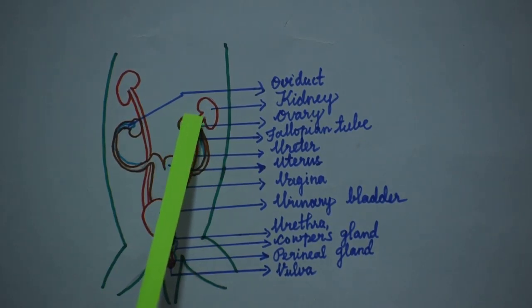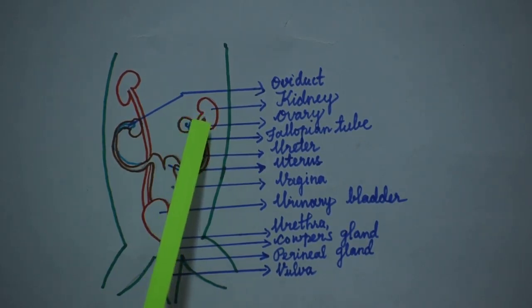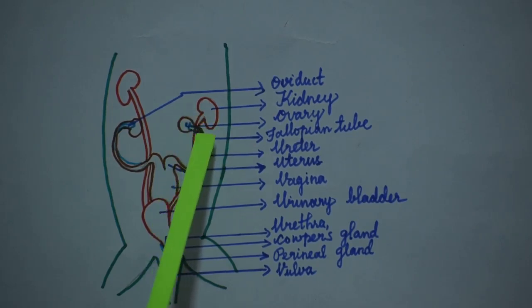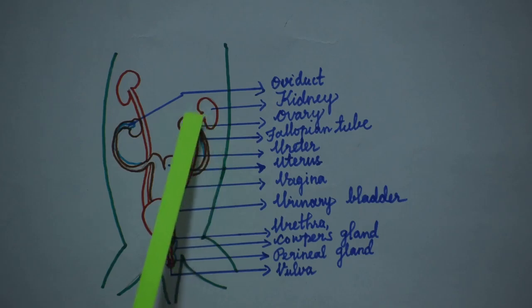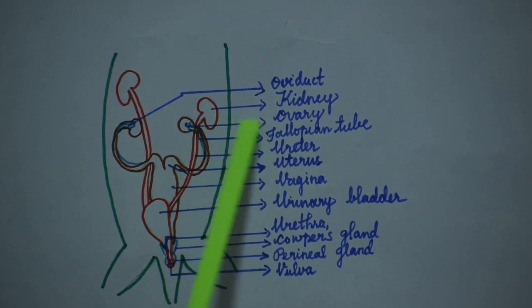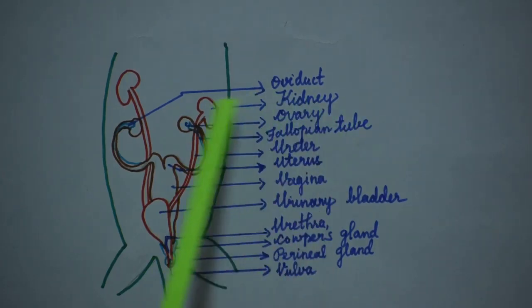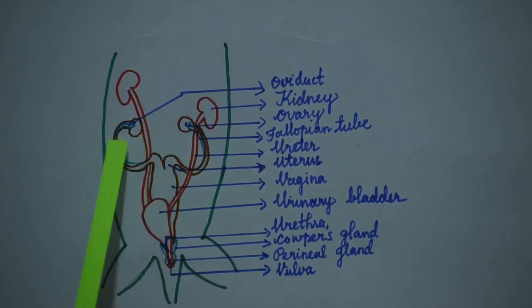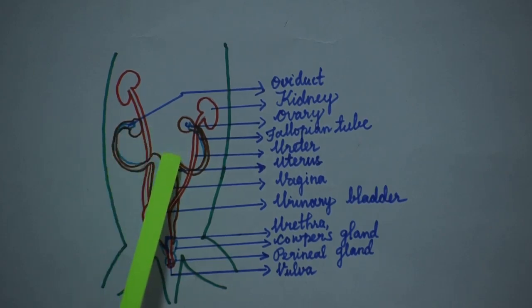From the ovary an oviduct is formed. Oviduct opens into the body cavity. At the anterior region of the body cavity, that tube is called fallopian tube. The fallopian tube opens into a wider tube called uterus.